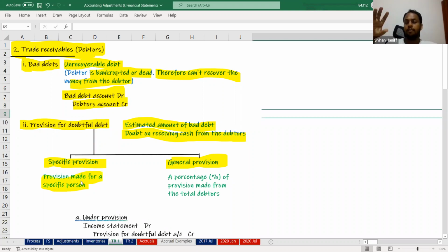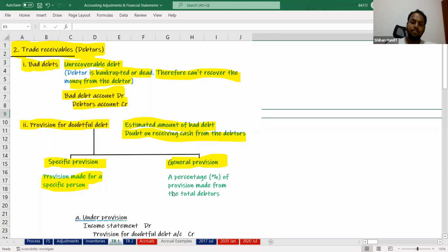Let's say from Mr. Pereira, you have a debit balance of 100,000. If he is not paying, you have to make that entire 100,000 a provision for doubtful debt. When you have a doubt like that, it is called specific provision. You have a specific amount.